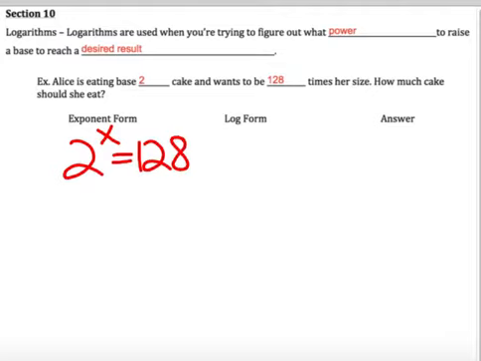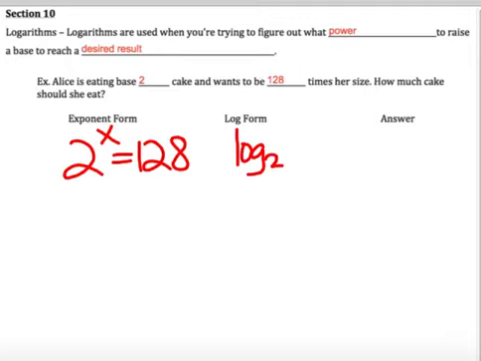In logarithm form, we abbreviate the word logarithm to log, L-O-G. Log is in normal font. The base becomes a subscript. You know how an exponent is little and up top? A subscript is little and below the regular font of log.